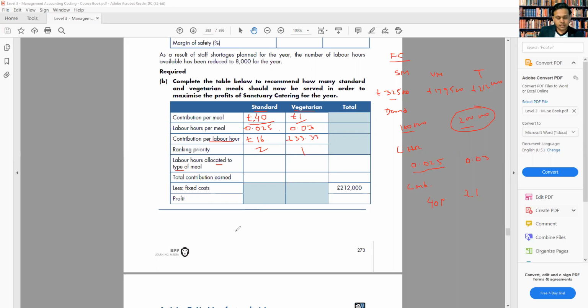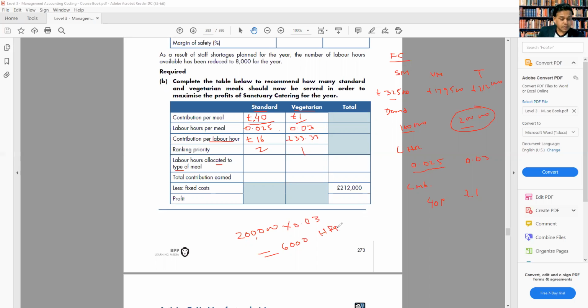So how much demand do we have for vegetarian? 200,000 times we need 0.03 per meal. So how many hours do we need for the vegetarian? 0.03 times 200,000 gives us 6,000 hours.